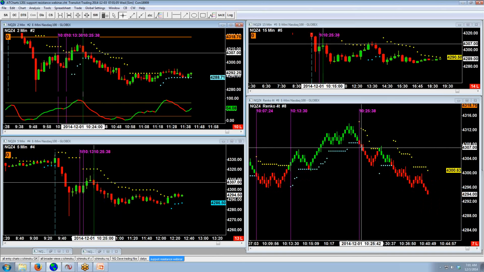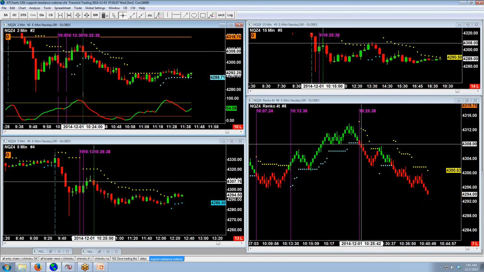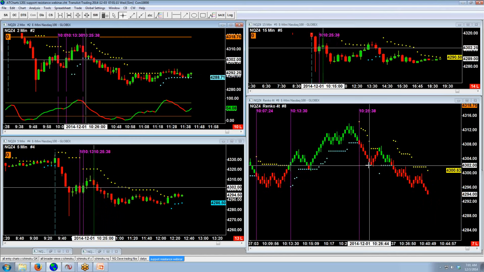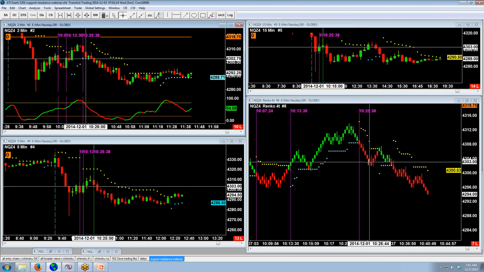So I can go ahead and take that trade because I've got plenty of room. I would be getting in at 775 and I've got room all the way down to basically this area here at 3. So I go ahead and I take that trade.